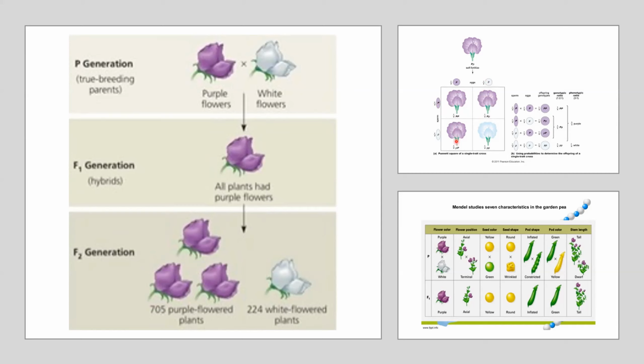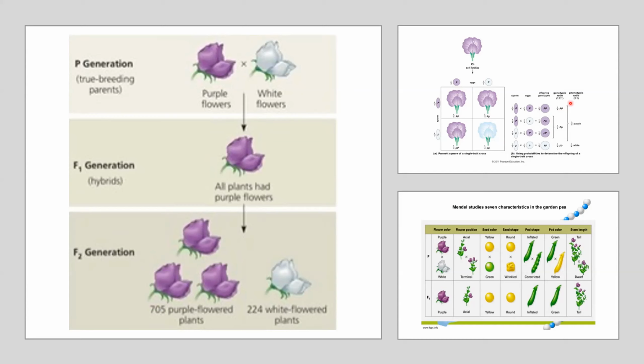Bring this over here, uppercase P, lowercase p, lowercase p, lowercase p. And essentially what you see here is that you have 1/4 two uppercase P's, 1/2 uppercase P, lowercase p, and 1/4 two lowercase p's.